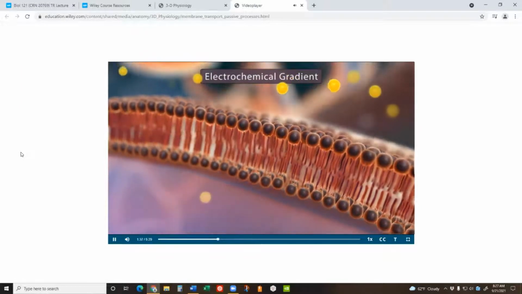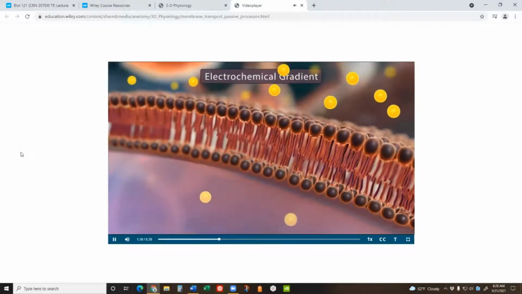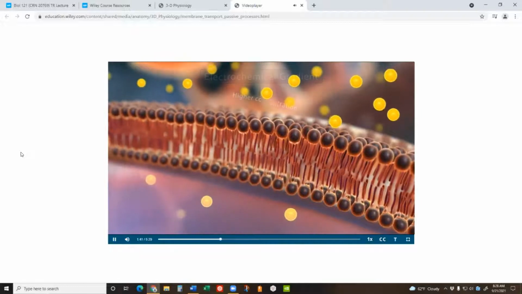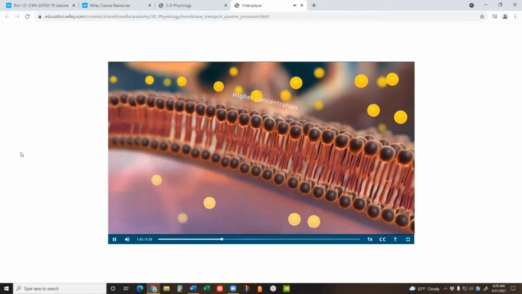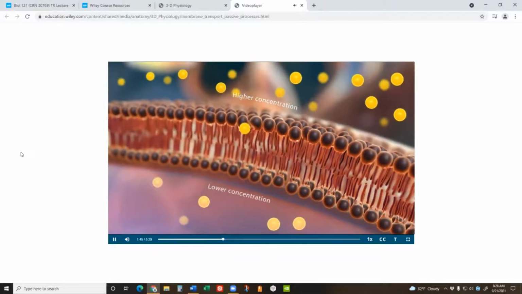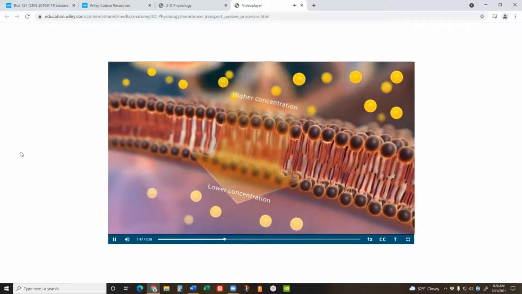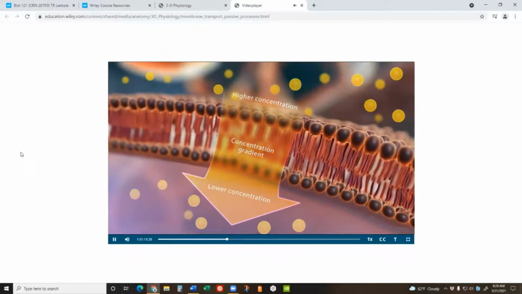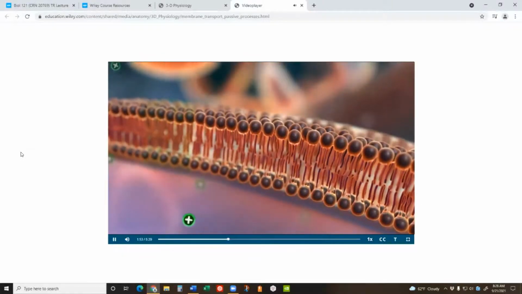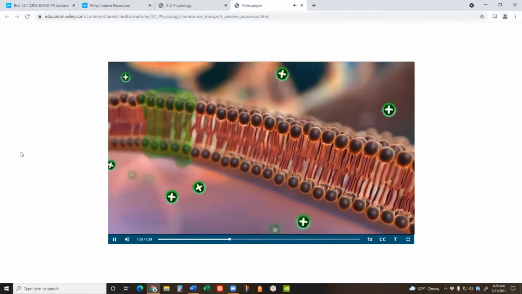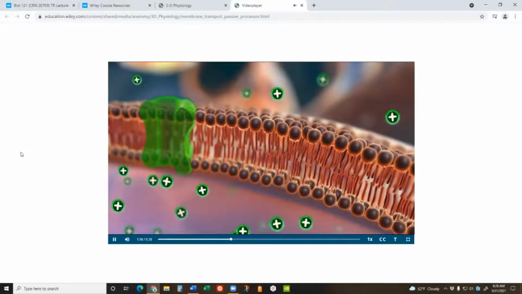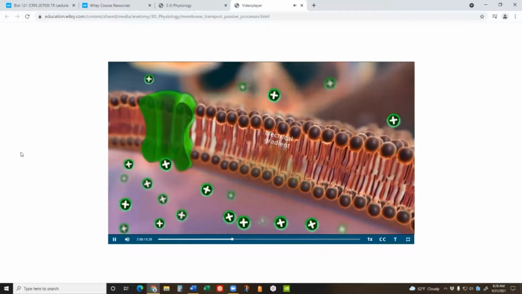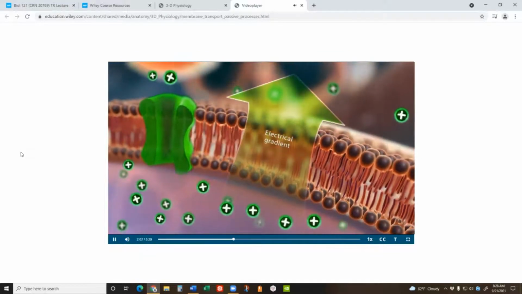The kinetic energy of its atoms or molecules causes a substance to move from an area of high concentration to an area of lower concentration. The difference between the two is referred to as a concentration gradient. If the substance is charged, the distribution of positive and negative charges on opposite sides of the plasma membrane also results in an electrical gradient.